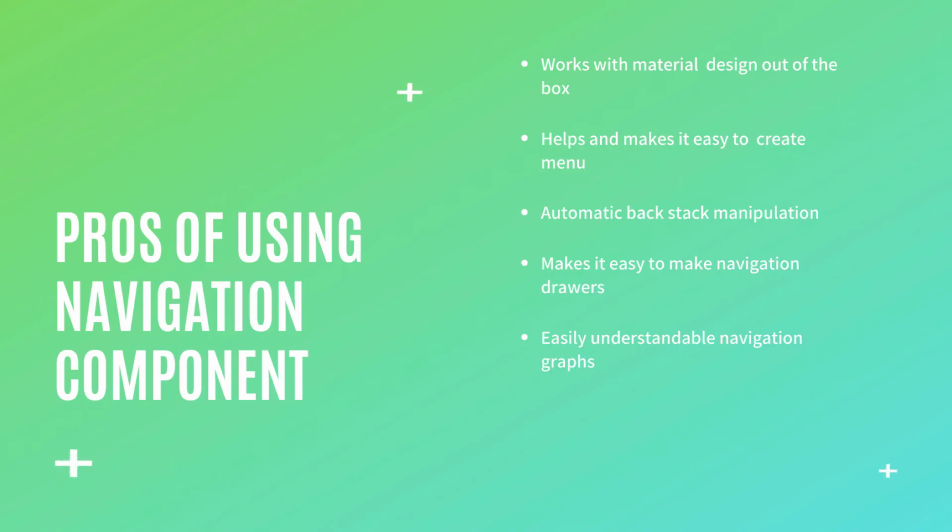So the last thing we have here is the pros of using the navigation component. It works out of the box with material design, like if you want to create a menu or a navigation drawer that you can see on your screen right now. It makes it easier to create both of these things.